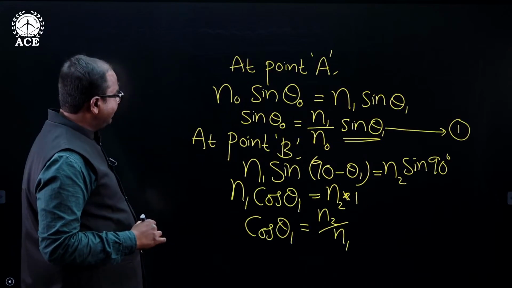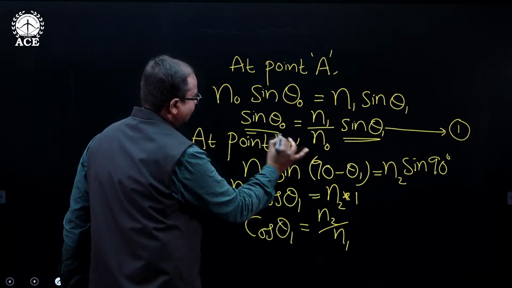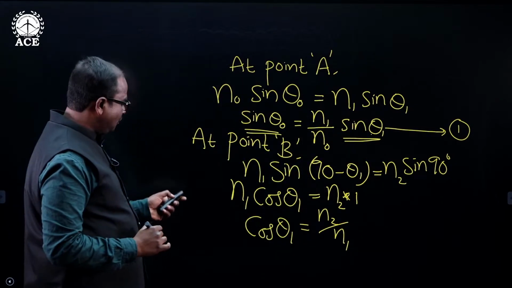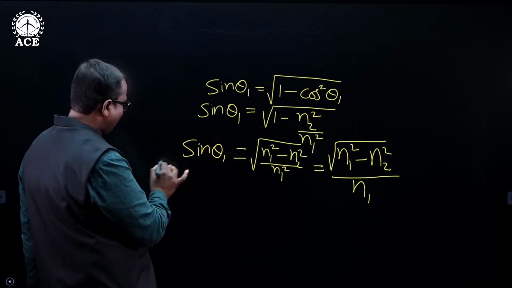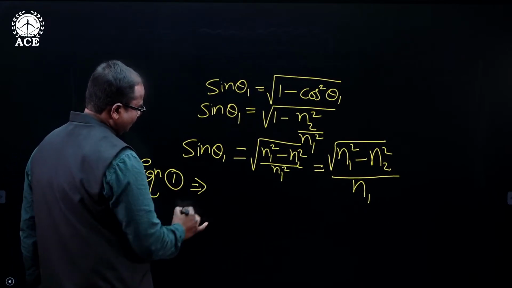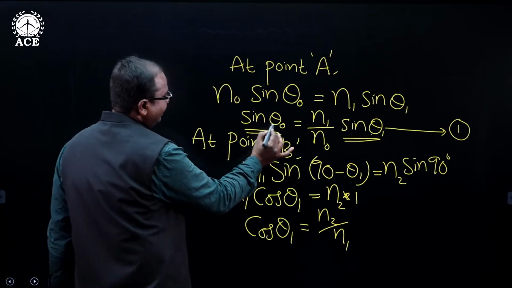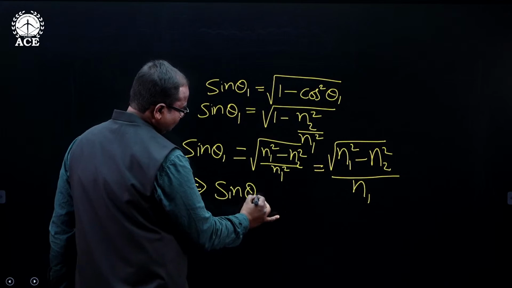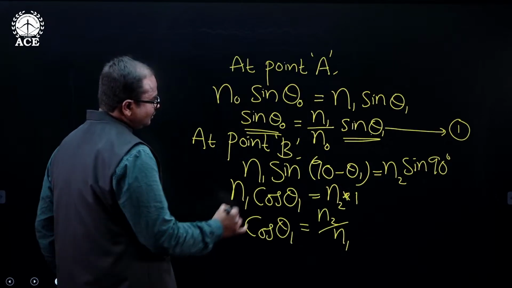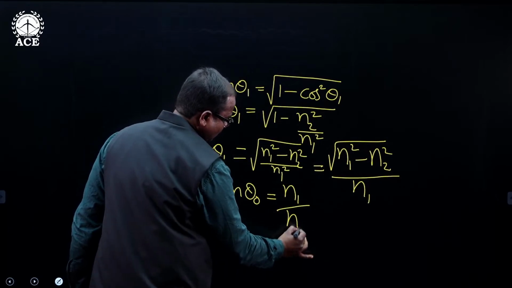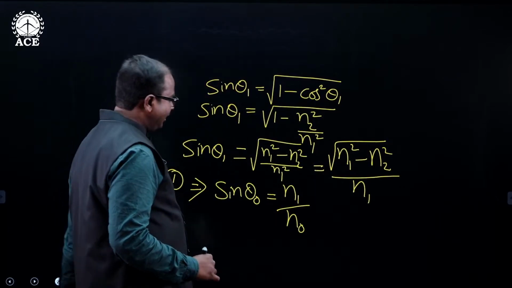Actually what we want is sine theta naught. We got sin theta 1. So substituting that sin theta 1 in equation 1: sin theta naught is equal to N1 by N naught into sin theta 1.